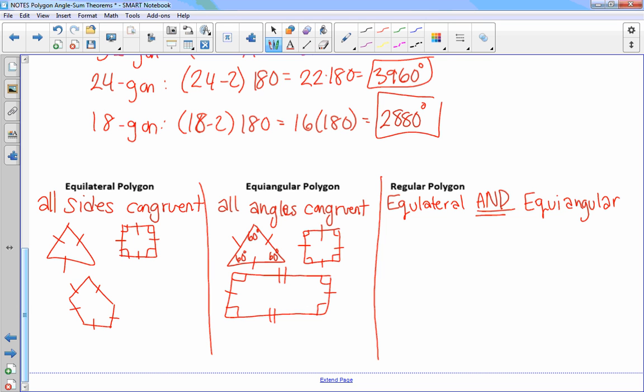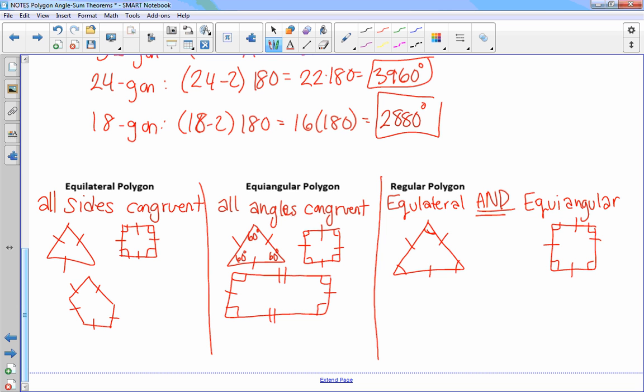Okay. What polygons do we know about? Some of them we already have on the board. They're both equilateral and equiangular. Squares. Any others? It has to be an equilateral triangle, because all three are 60 degrees.